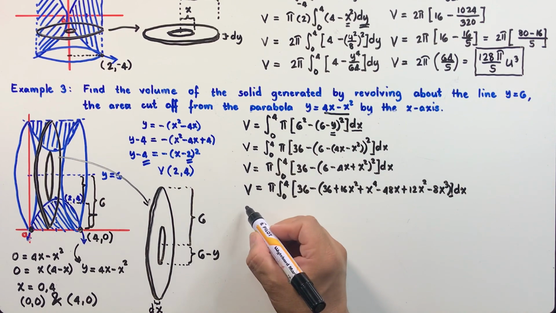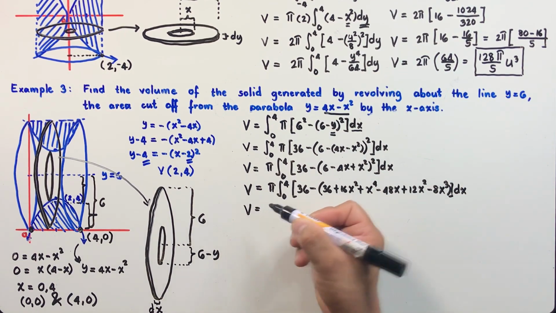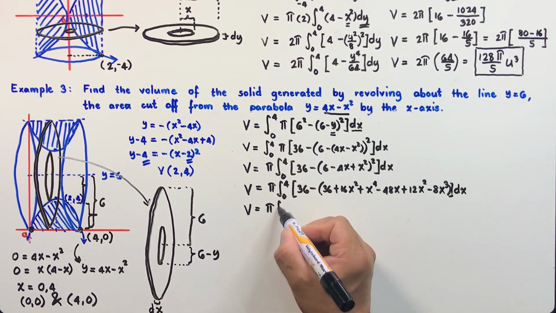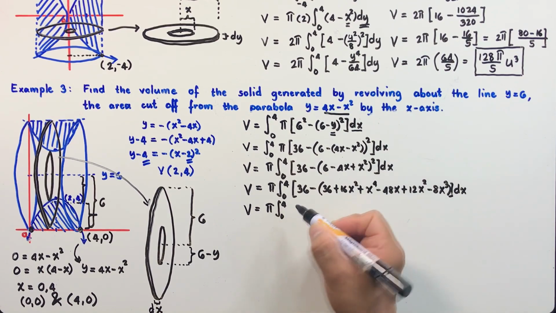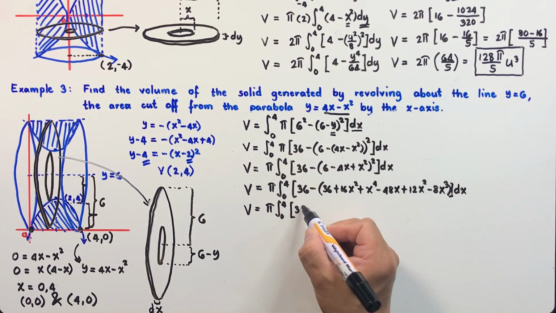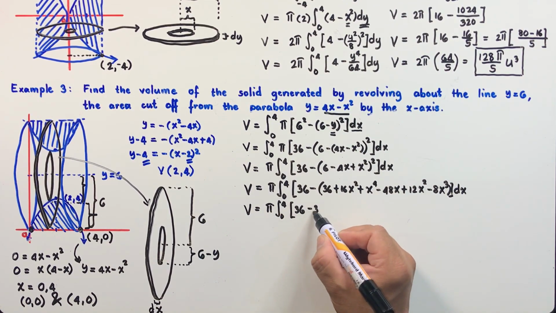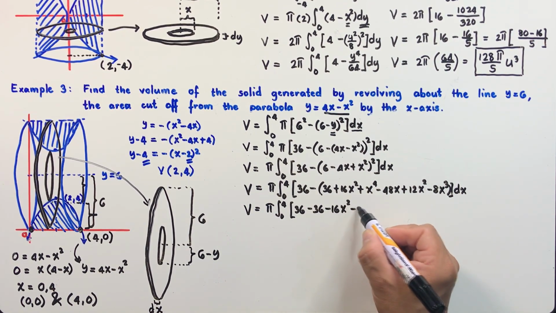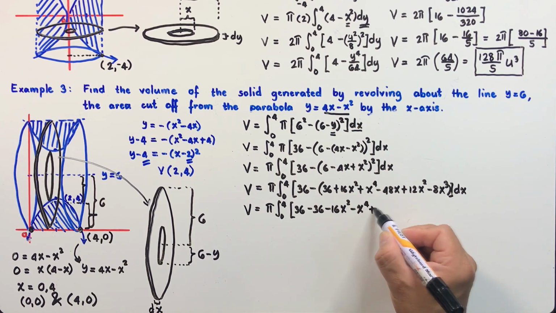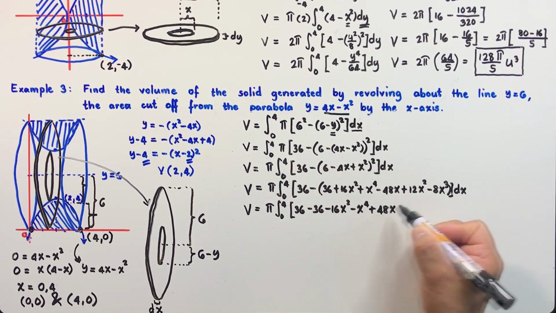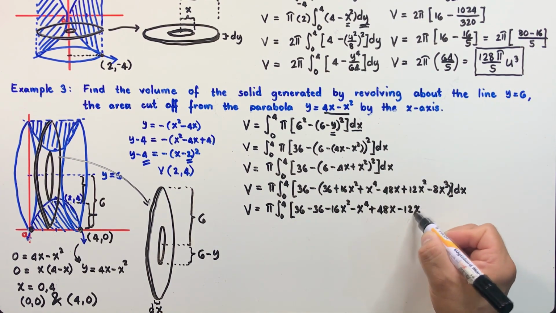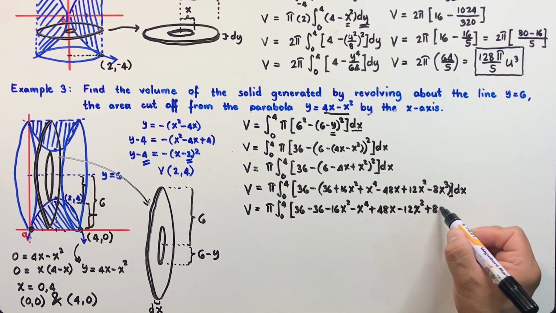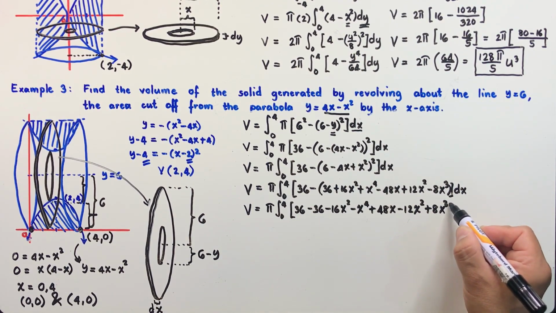And removing the inner parenthesis, we have pi times the integral from 0 to 4 of 36 minus 36 minus 16x squared minus x to the 4th plus 48x minus 12x squared plus 8x cubed dx.